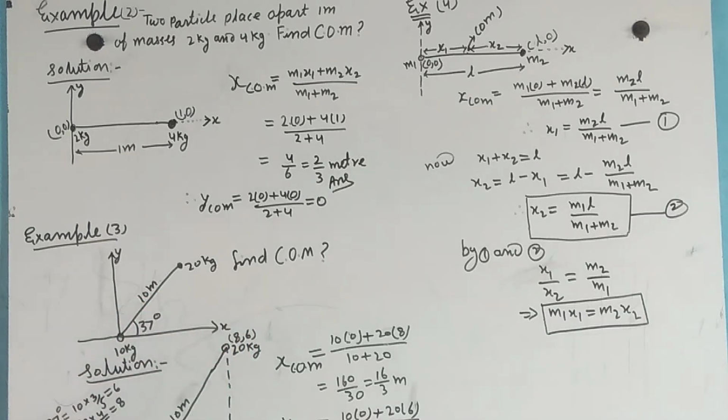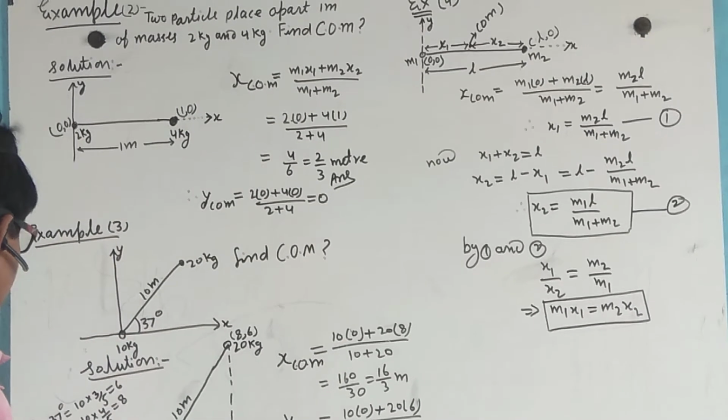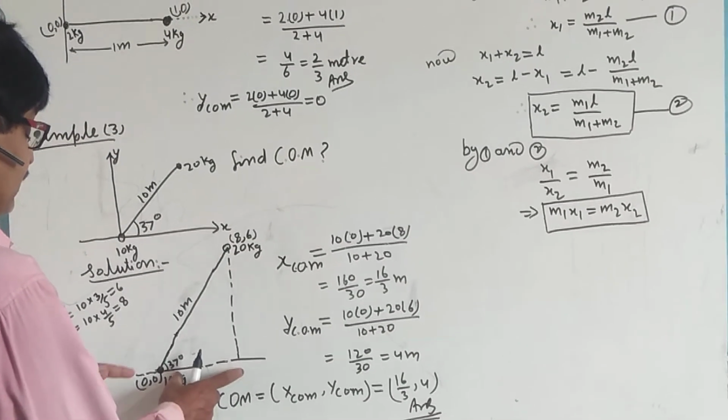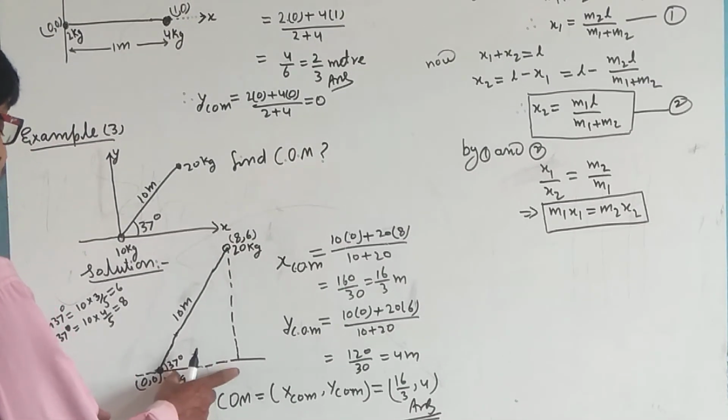Now in this case this is 10 kg, this is 20 kg, and the distance between them is 10 meter at 37 degrees, so that sin and cos theta are base by hypotenuse.